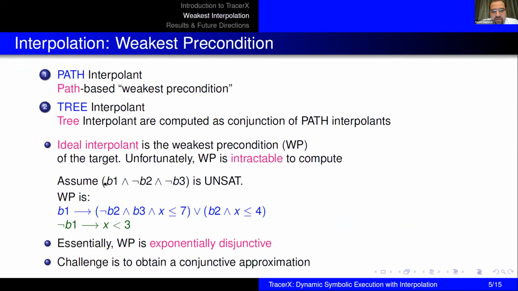As an example, in the previous slide's program, if we have a combination of the three if statements, the first being true, the second false, and the third false, the weakest precondition would be this formula over here, which is quite difficult to maintain and use. Essentially, WP is exponentially disjunctive, as we know, and the challenge that we face is to obtain a conjunctive approximation of the WP.